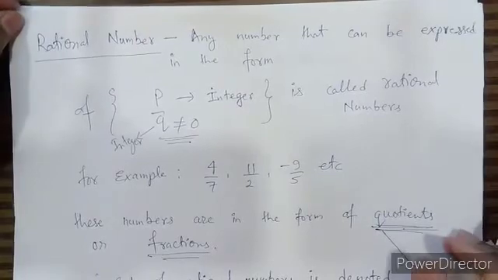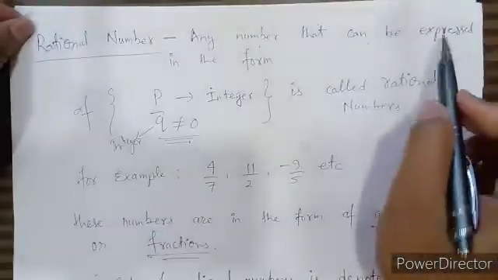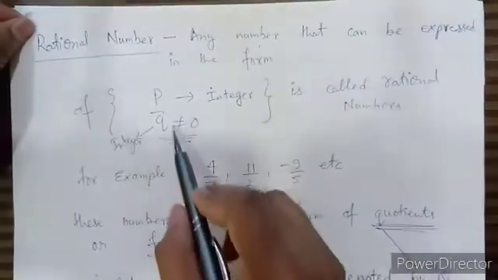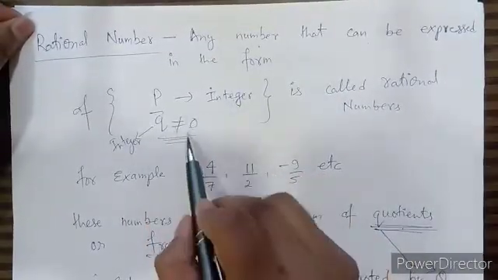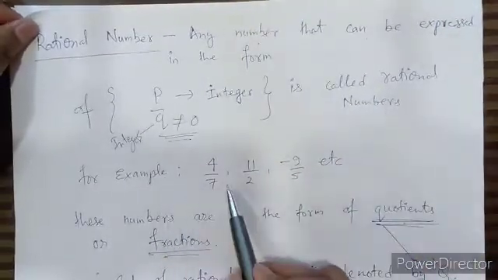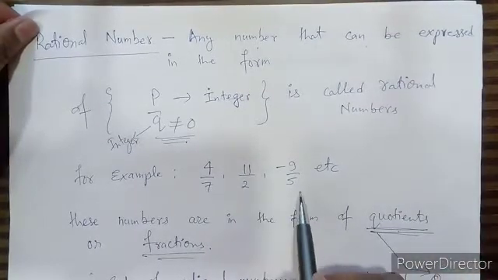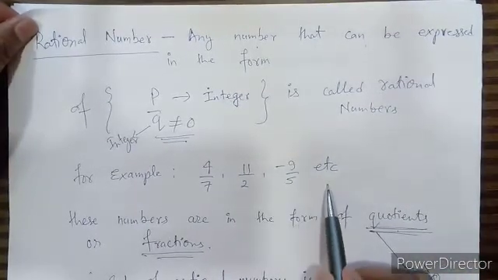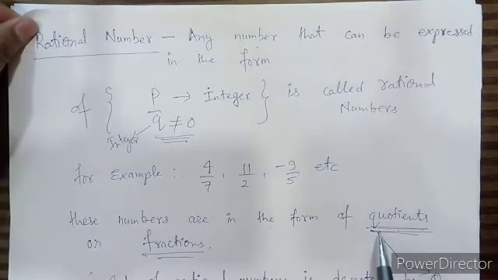In another way, any number that can be expressed in the form p by q, where p and q are integers and q is not equal to 0, is called a rational number. For example, 4 by 7, 11 by 2, minus 9 by 5, etc. These numbers are in the form of quotients or fractions.